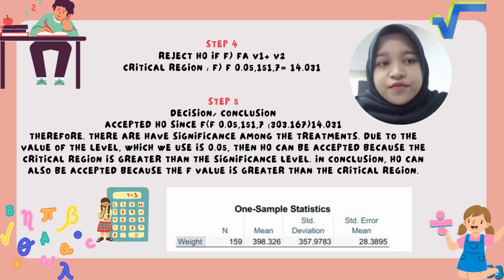Therefore, there are significant differences among the treatments, where the significance level we use is 0.05. Then H0 can be accepted because the critical region is greater than the significance level. In conclusion, H0 can also be accepted because the F value is greater than the critical region.